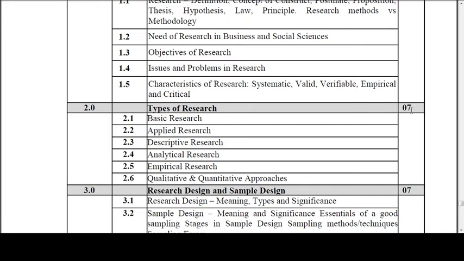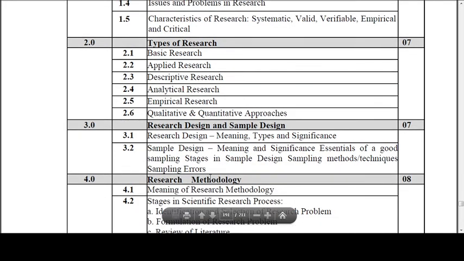So we multiply by 2 and get 14 marks for types of research. What are the various types of research? Basic research, applied research, descriptive research, analytical research, empirical research, qualitative and quantitative approaches. So in the second module, all types of research are covered.